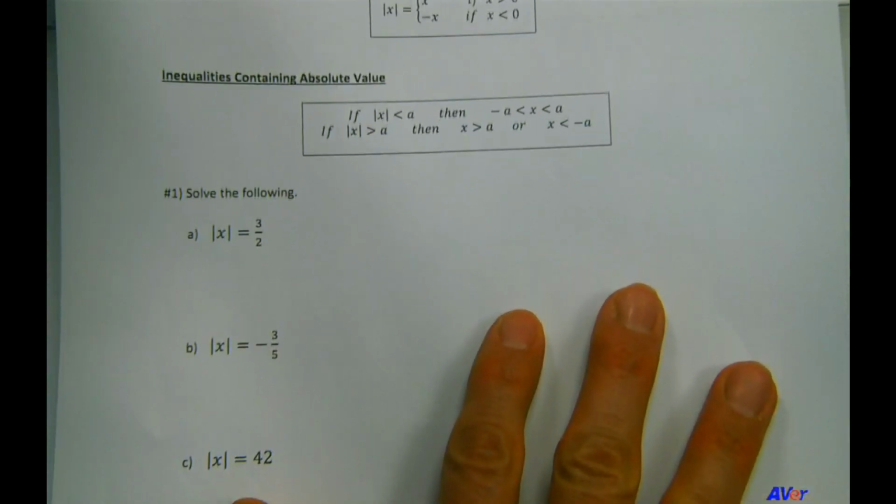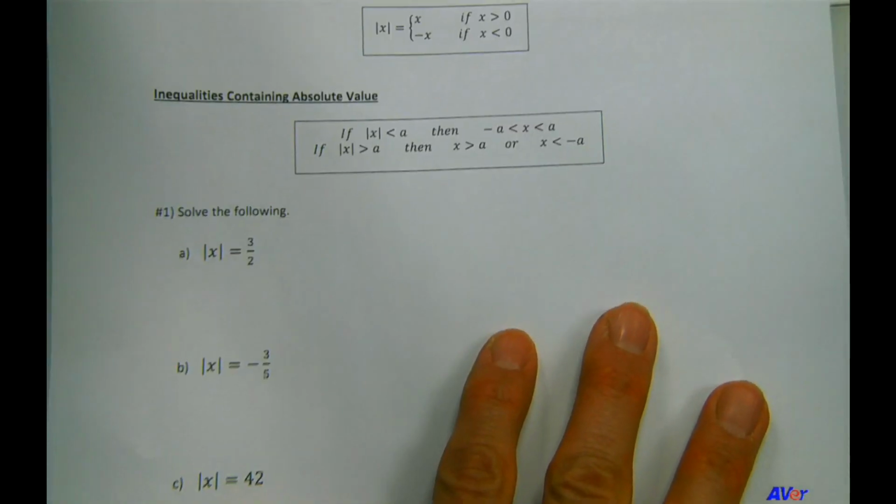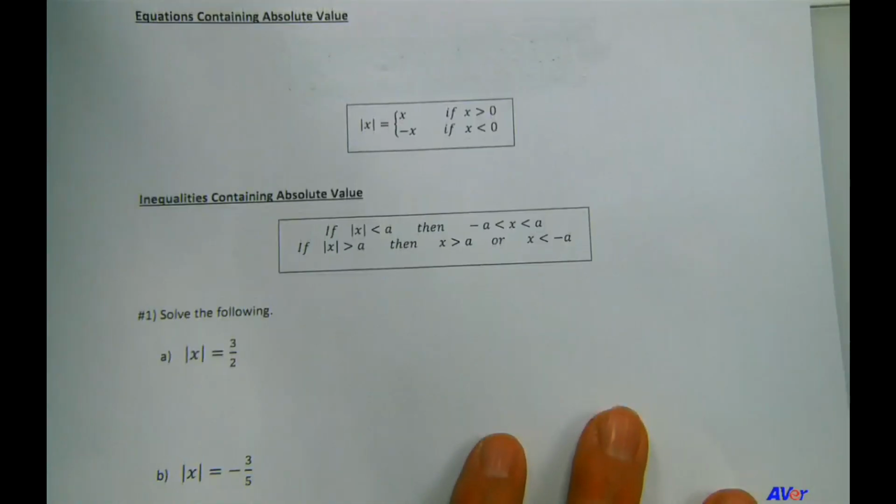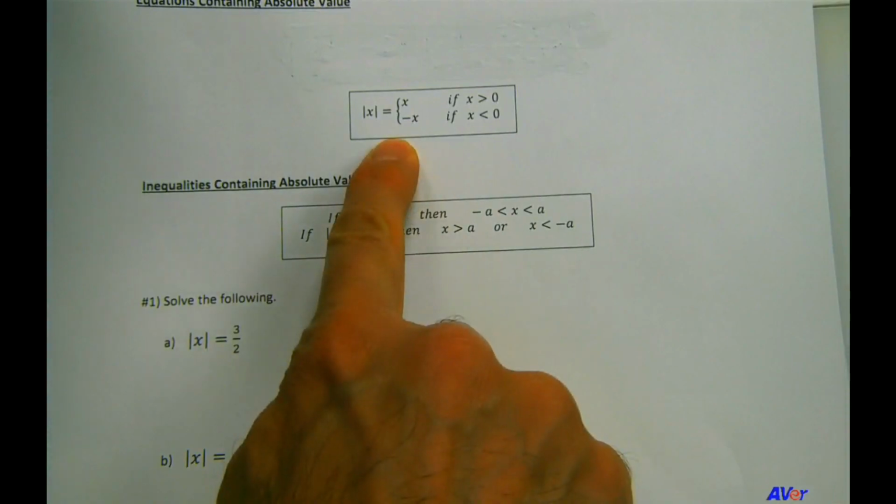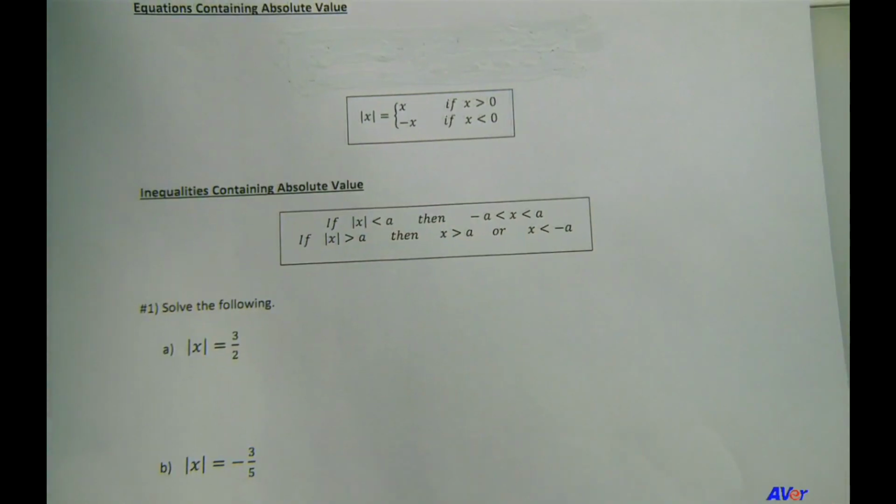They look like that, right? Like that. These are absolute value inequalities. Both of these types, absolute value equalities and inequalities, both of them feed off of this definition of an absolute value. As a matter of fact, let me put a title on that.